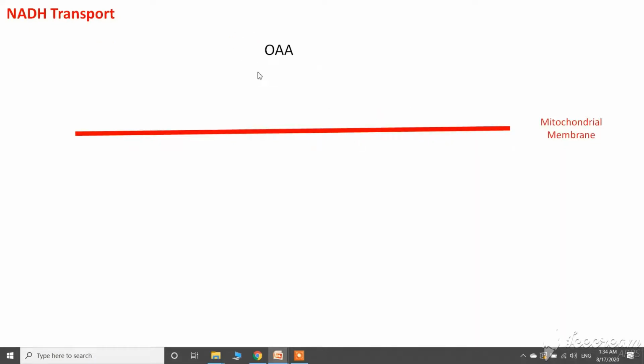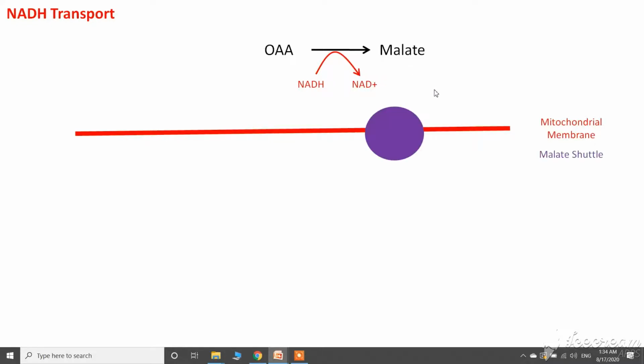So we're going to start with a molecule of oxaloacetate that's located in the cytosol. Oxaloacetate is going to be converted into malate, and in the process it's going to consume one molecule of NADH and produce one molecule of NAD+. Malate has the ability to go through the malate shuttle.